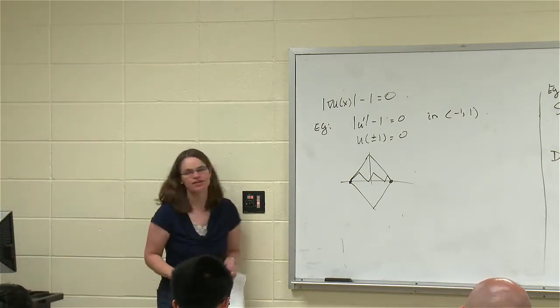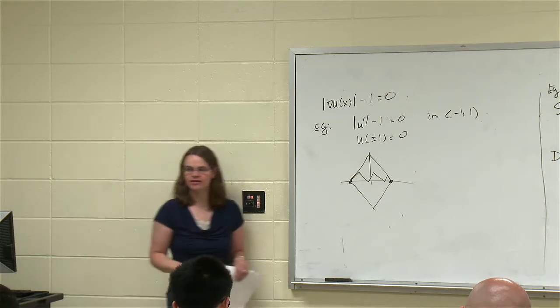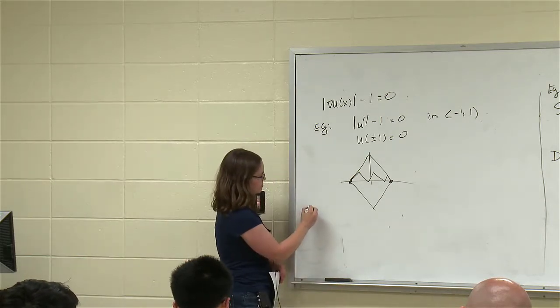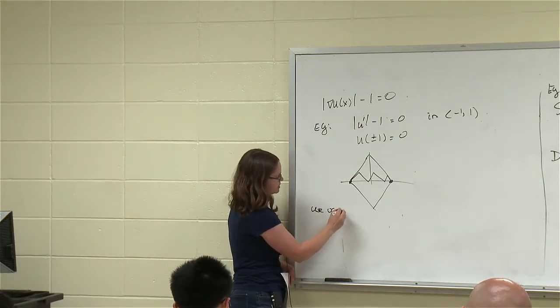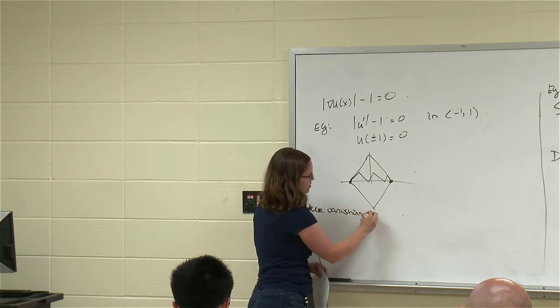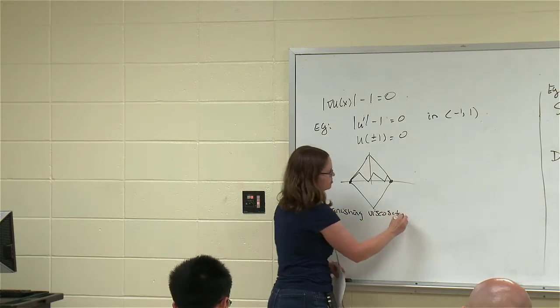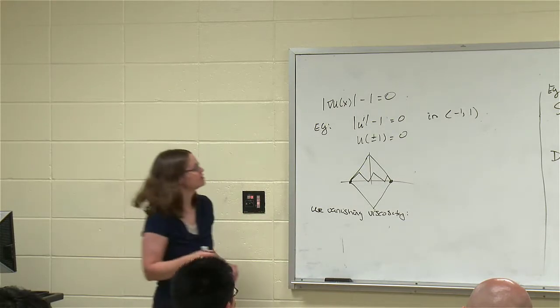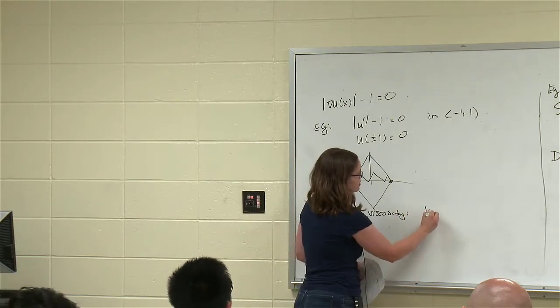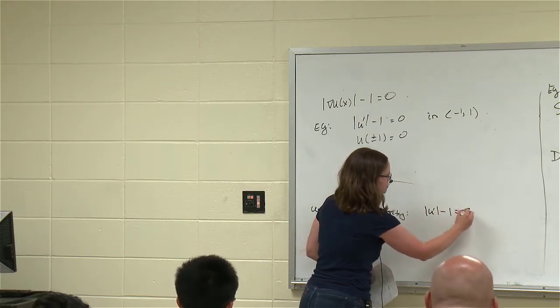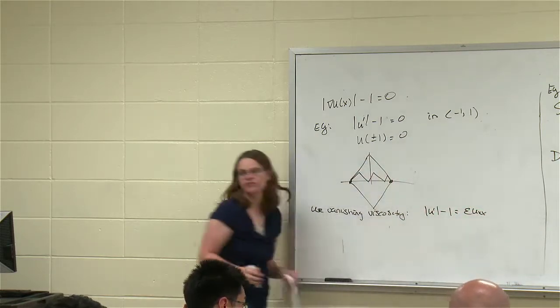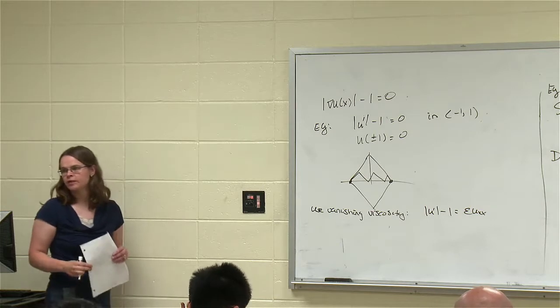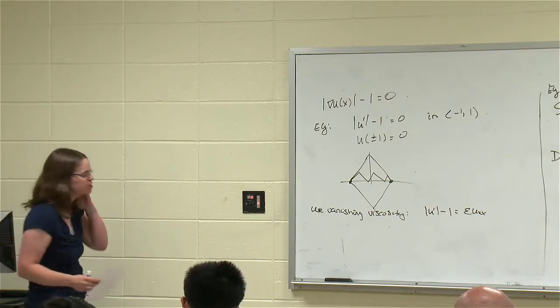So one of the first things that people did was say, let's try to smooth this out a bit. Let's use vanishing viscosity. Let's take this first order equation and use a second order regularization term. And let's instead solve this. We add this little viscosity term, epsilon times the Laplacian in higher dimensions.